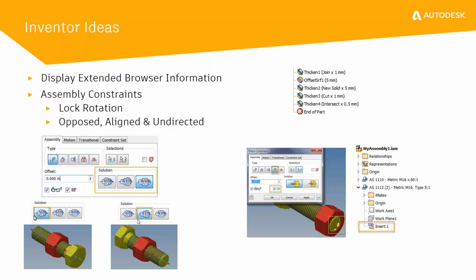There's aligned. This maintains the mate direction of the first selected component, and then there's undirected, and this creates an undirected axis constraint on the closest axis. You can also use the new option lock rotation to lock the rotational degrees of freedom on a component when placing an insert constraint.